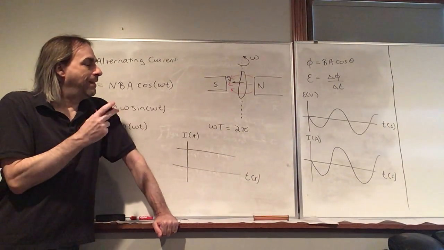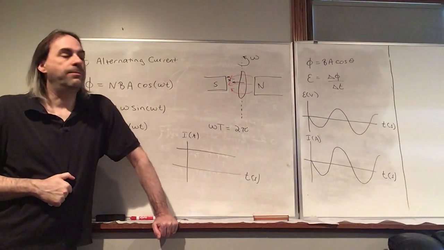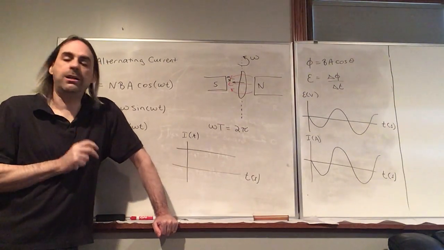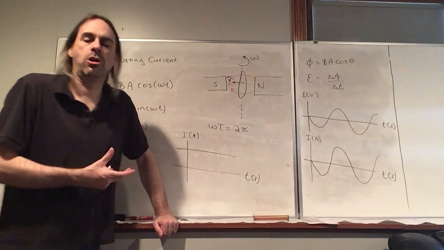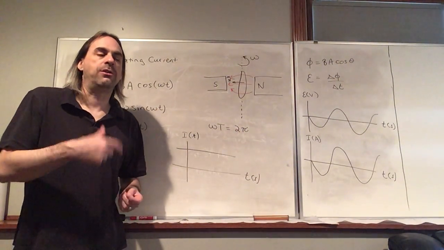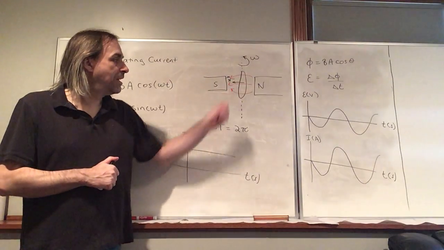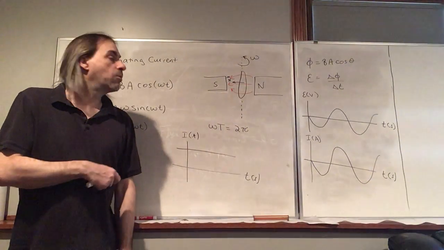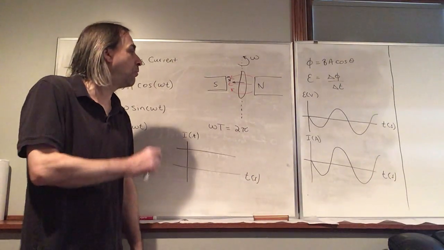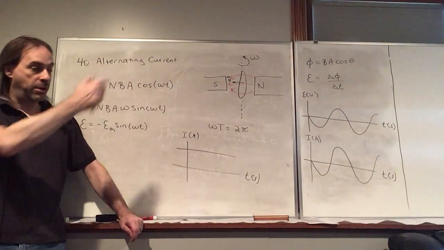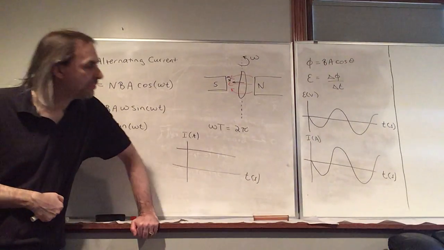So, this is a great way to produce energy. For one thing, we can turn mechanical energy into electric energy. So remember, like an electric motor, we can turn electrical energy into rotational mechanical energy. This is the exact opposite. We're taking mechanical energy and turning that into electrical energy, which could be carried by current.